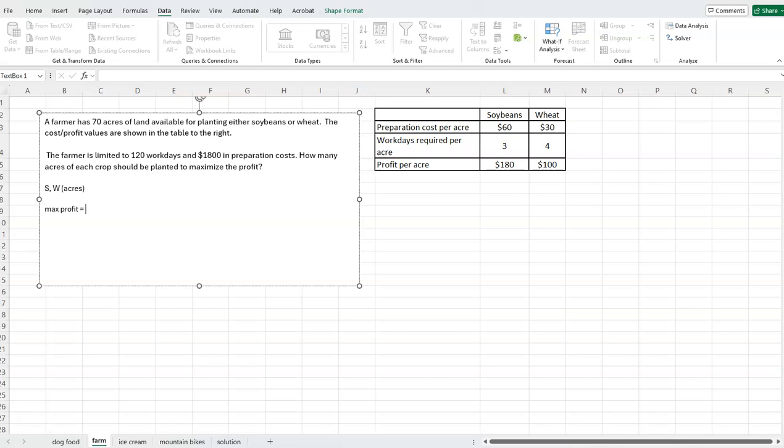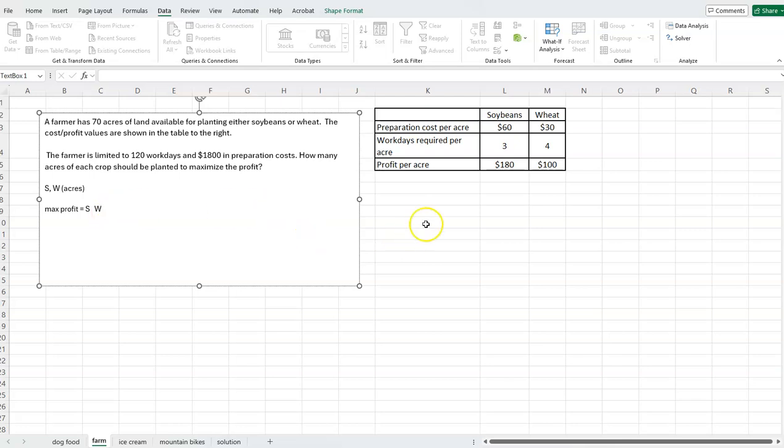Now, if you started with example number 1, you know that this profit function can possibly contain both of our variables, soybeans and wheat. Now, will it contain them? It depends. We want to see if there's a profit associated with both soybeans and wheat.